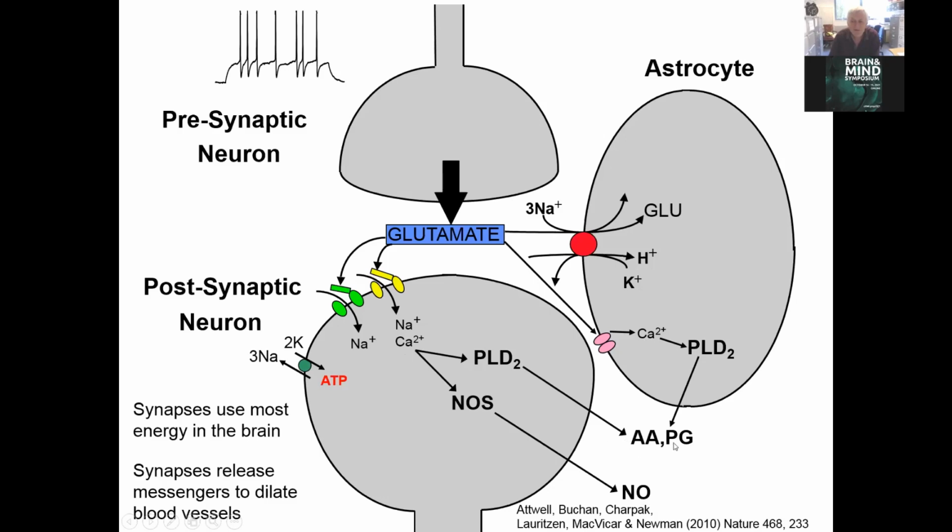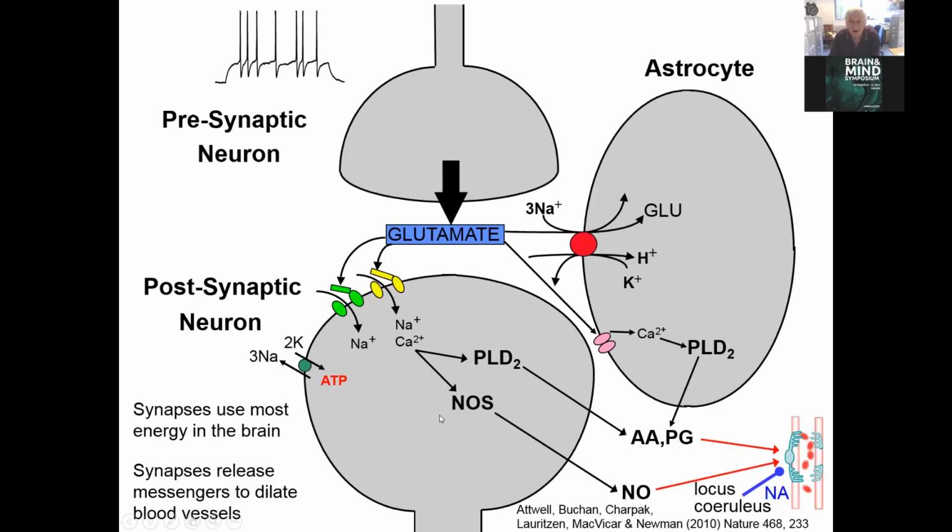These substances generate vasodilators, prostaglandins from the arachidonic acid, or nitric oxide from the nitric oxide synthase, which can act on pericytes or on smooth muscle cells. And this is done in the context of a background constriction produced by noradrenaline released from locus coeruleus axons.